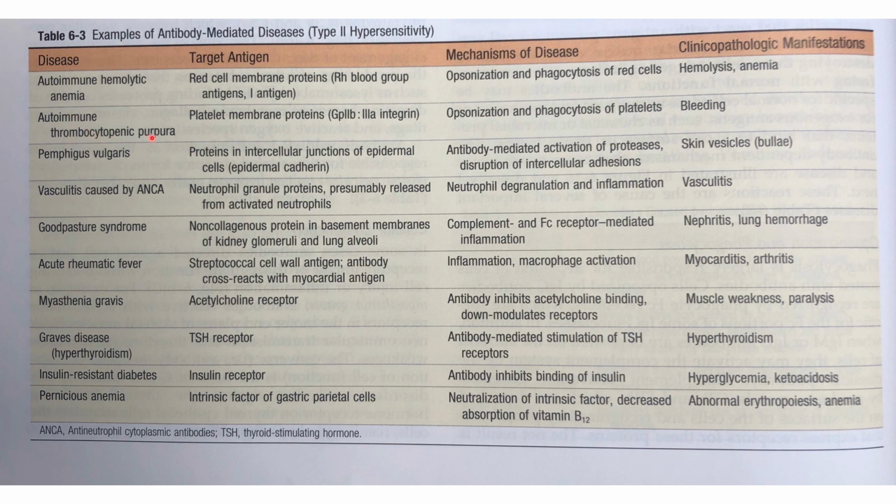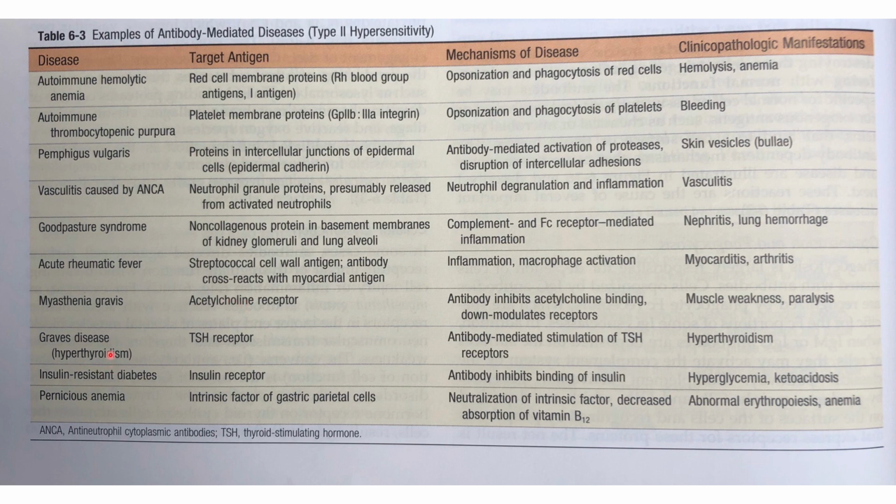Autoimmune thrombocytopenic purpura, pemphigus vulgaris, vasculitis caused by antineutrophil cytoplasmic antibodies, Goodpasture's syndrome, which has lung and renal manifestations, acute rheumatic fever, which is a sequela of an acute streptococcal infection, and myasthenia gravis, where the target is the acetylcholine receptor, which manifests itself with muscle weakness.